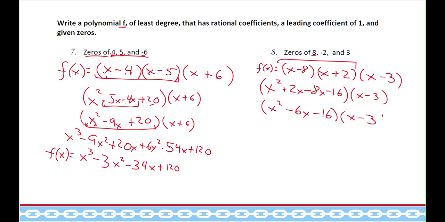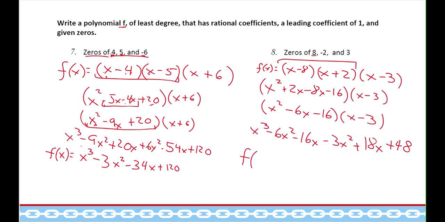So now I am going to multiply this trinomial that I got from FOILing by x minus 3. So multiply it all by x. And multiply it all by the negative 3. So this would be minus 3x squared plus 18x plus 48.